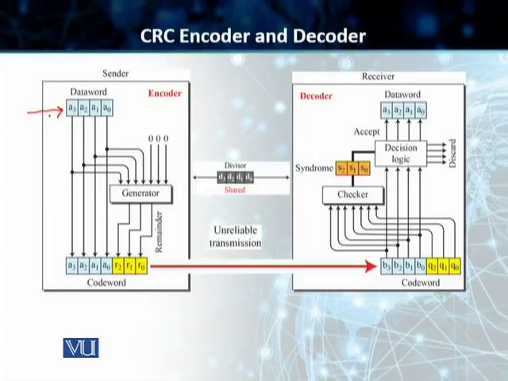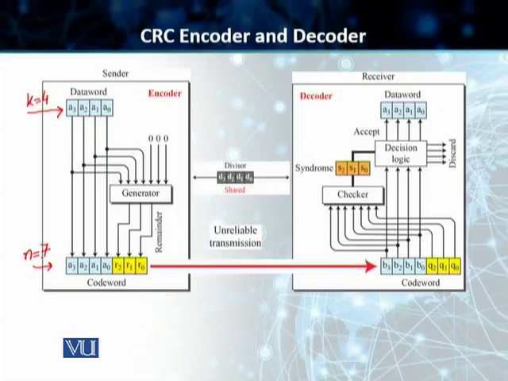Once again, our k is equal to 4. The code word that we are ultimately going to send has 7 bits, so n is equal to 7. As I told you, the data word is augmented by adding n minus k, or 3, zeros to the right hand side of the word.